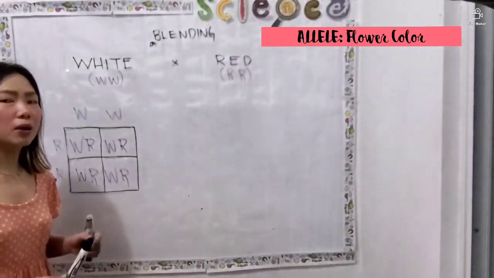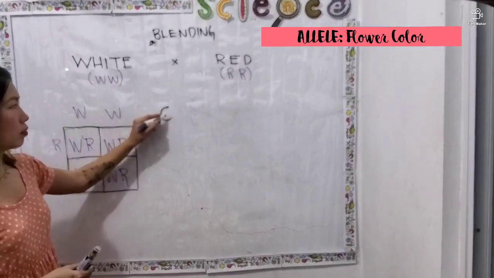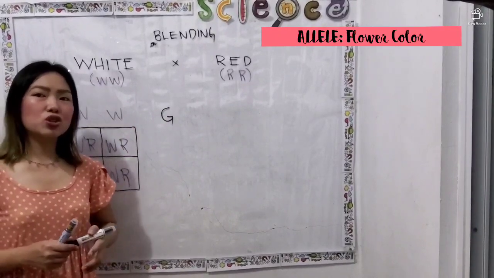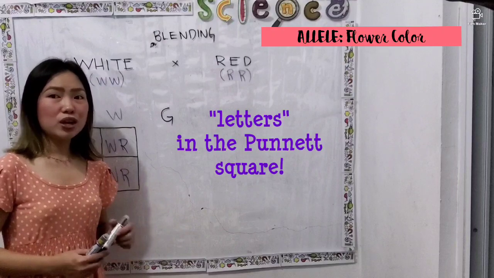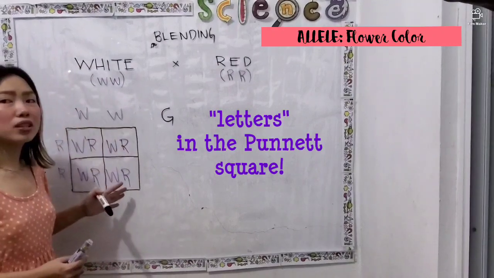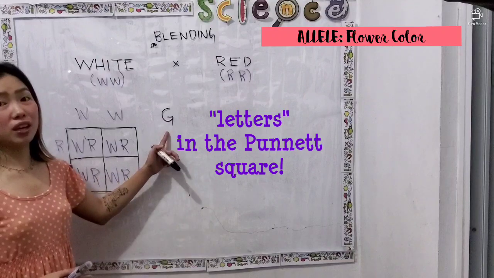Now on the genotype and the phenotypic ratio, again, on the genotypic ratio, anong tinitingnan natin? We are looking at the letters. So, yung letters na na-produce natin on our Punnett square, that would be our basis to form the genotypic ratio.